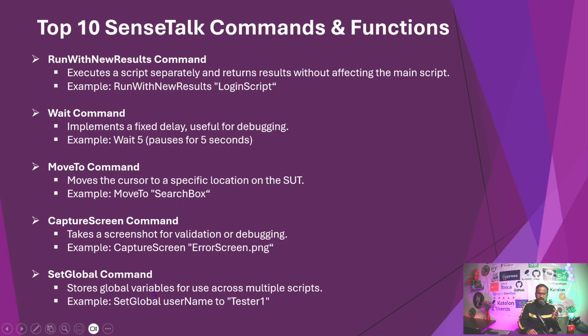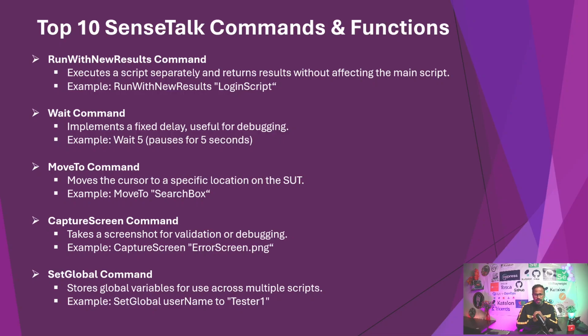Basically, these are all global variables. So here, set global username to tester1. That means under this global variable, I am assigning the value tester1. So these are the top 10 commands that you can analyze to understand the SenseTalk scripting language.